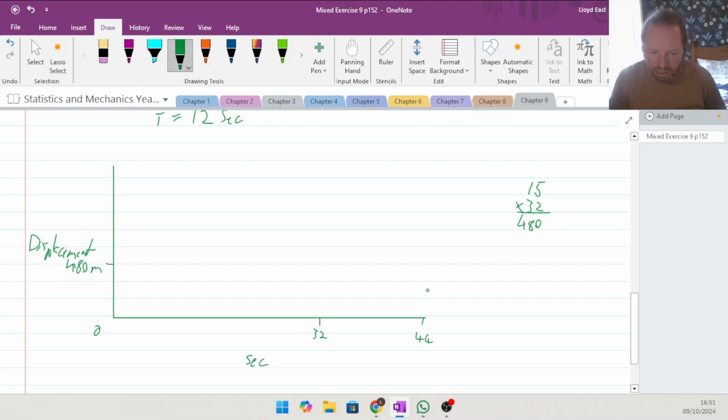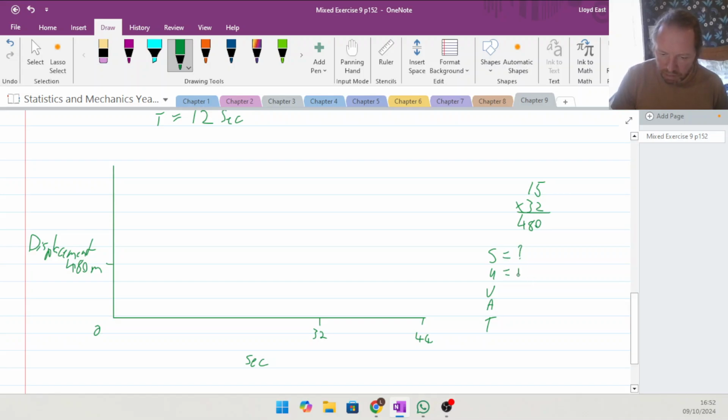And now what we need to know is how long it would take to slow down from 15 meters a second back down to naught in 12 seconds, and what's the distance that you cover there. So if we take a suvat of that, the distance is what we're looking for.